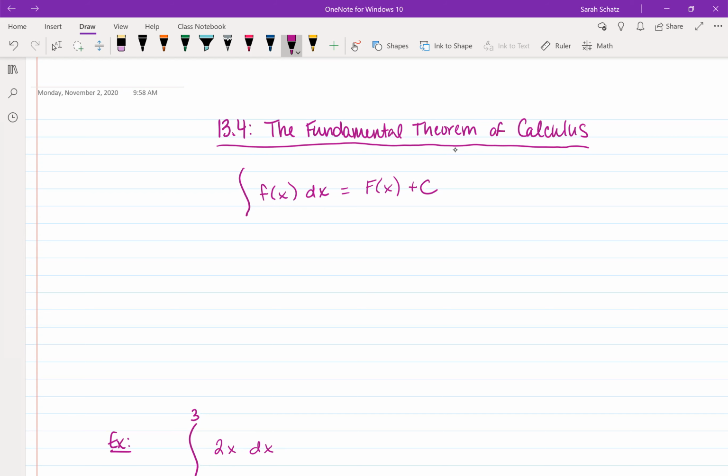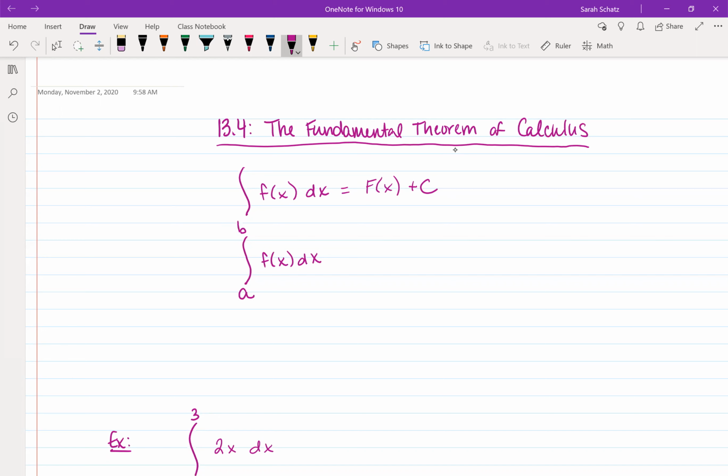But the fundamental theorem of calculus looks a lot like this, and it starts out the same. So I'm still having this antiderivative of some function f of x dx. But I get bounds on my integration. So I want to take the antiderivative of this from a to b.